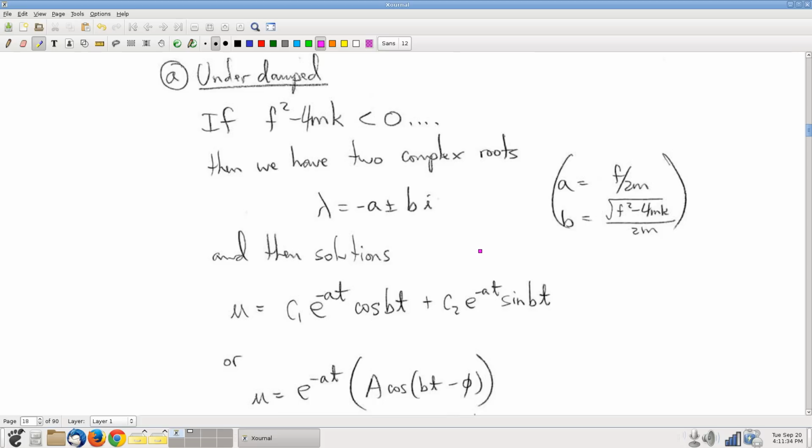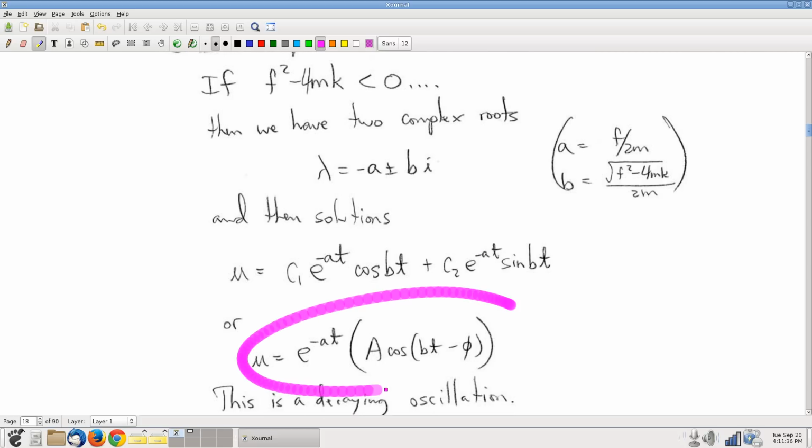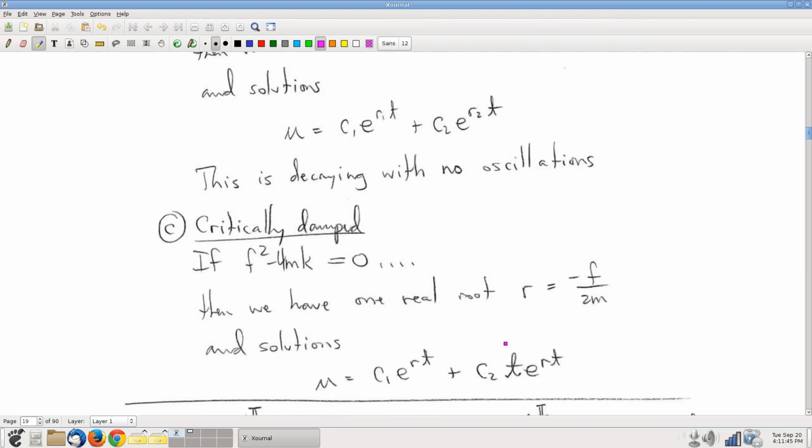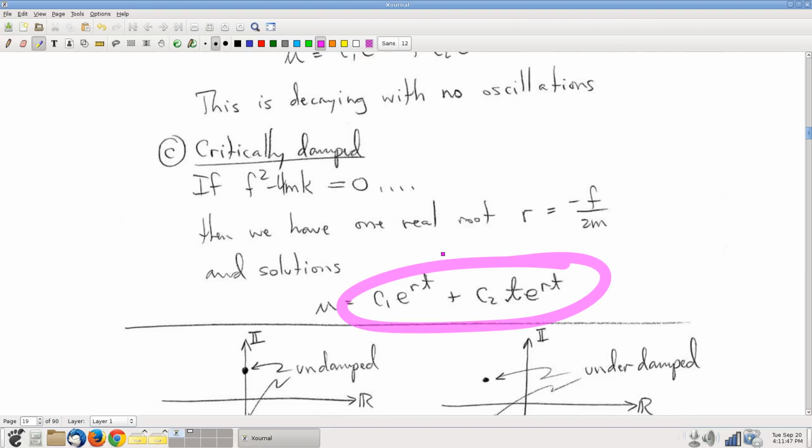On the one hand, in certain cases we get decaying oscillations. In other cases, we get decaying exponentials, or decaying functions that look a lot like exponentials. Maybe there's an extra factor, but still the key word is they're decaying.